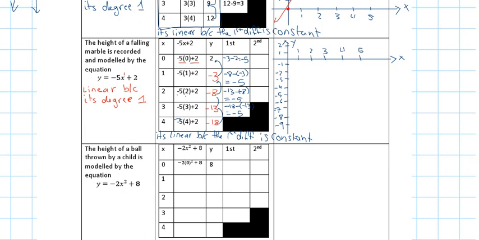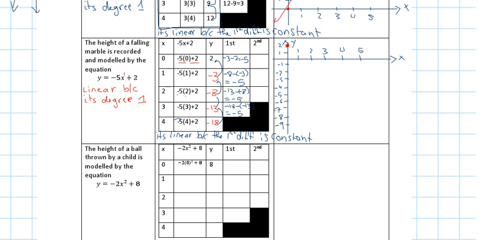All right, so if we are going to plot this, remember x, y, right? x, y, that means my first point is 0, 2. So that's where my first point is.